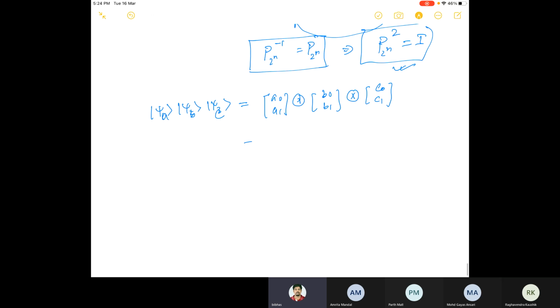If I multiply these three on the right-hand side, I will have 8-dimensional vectors.